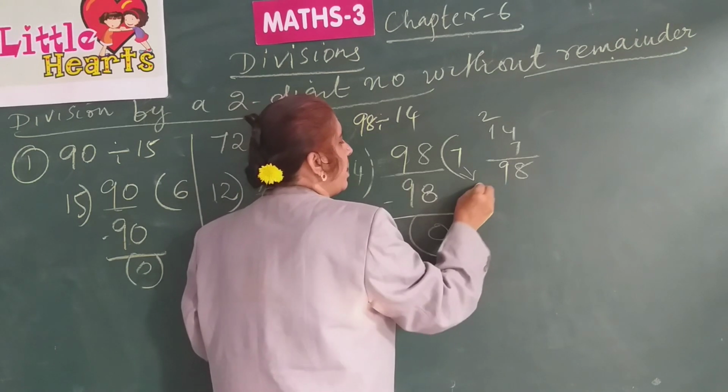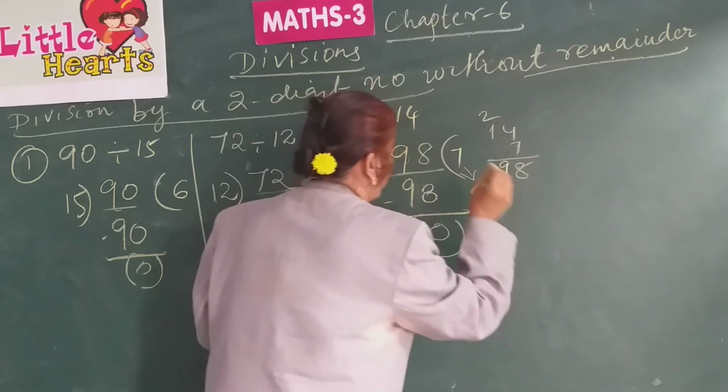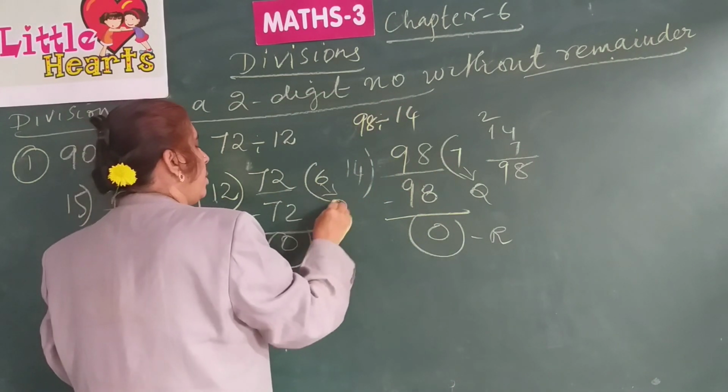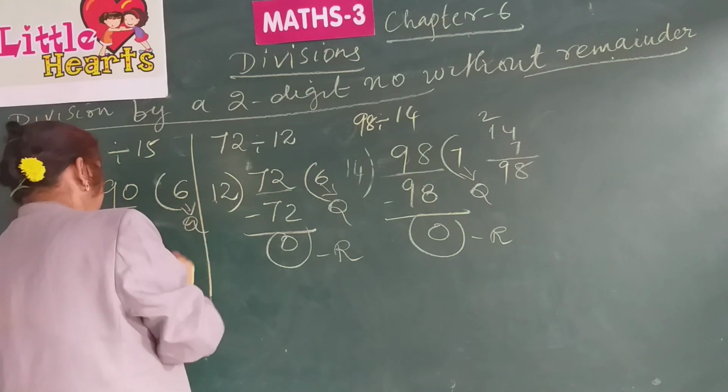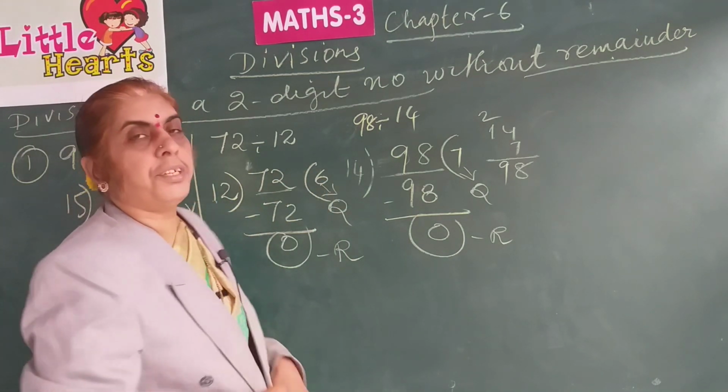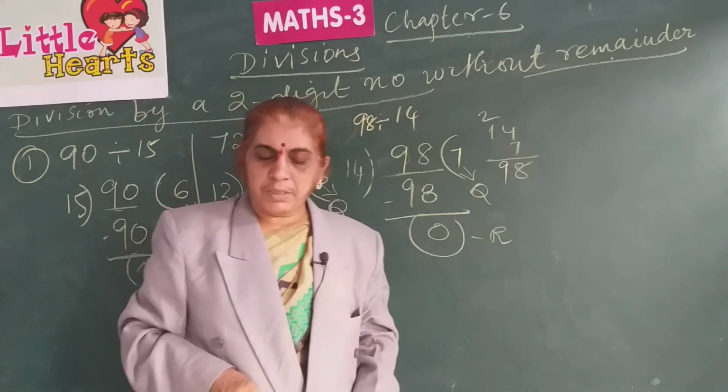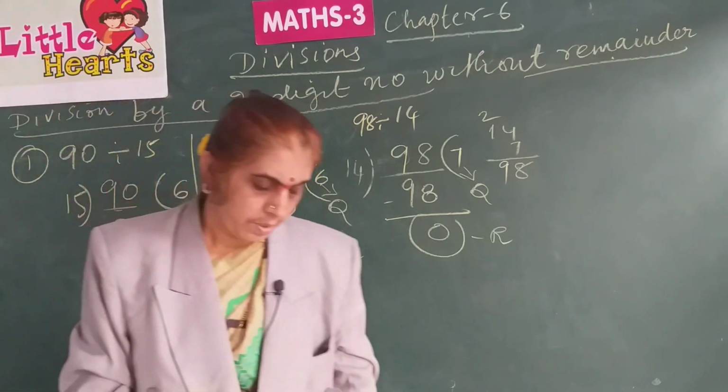This is the quotient and remainder. So what you need to do is be thorough with the 12 to 19 tables.